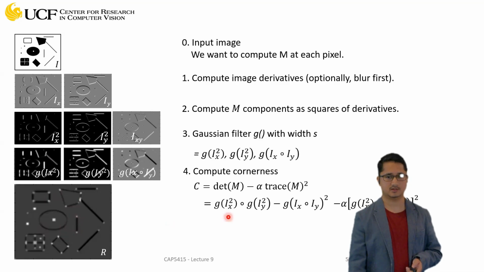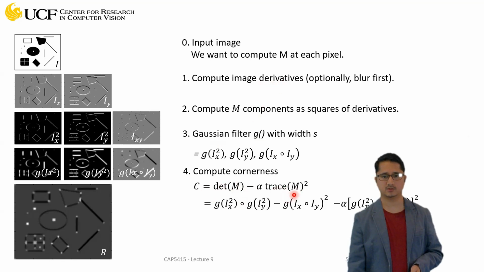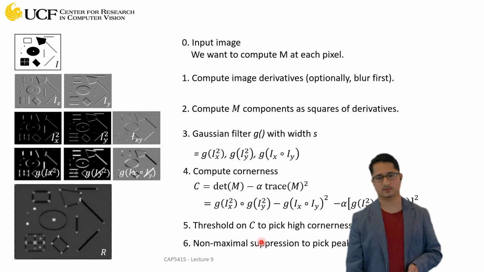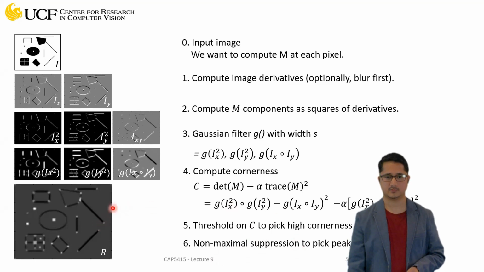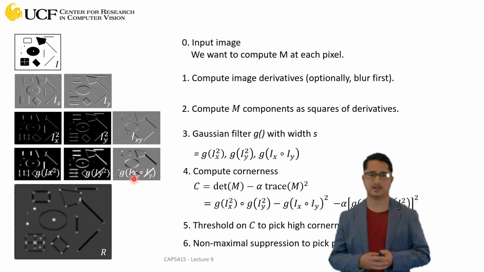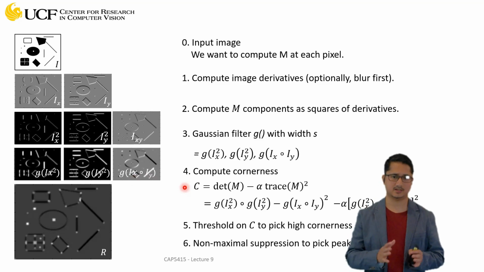The equation is exactly like this: you compute the determinant of this M matrix, the image moment, and you compute the trace, and you have one alpha parameter here. Then, as I said, you use a threshold to pick which are corners, and you perform non-max suppression to identify the peak values, or the corners. Again, this is one of the first corner detection algorithms, or you can say keypoint detection algorithms. I just wanted to talk about this because it gives you an idea of how it all started and how complex it was.